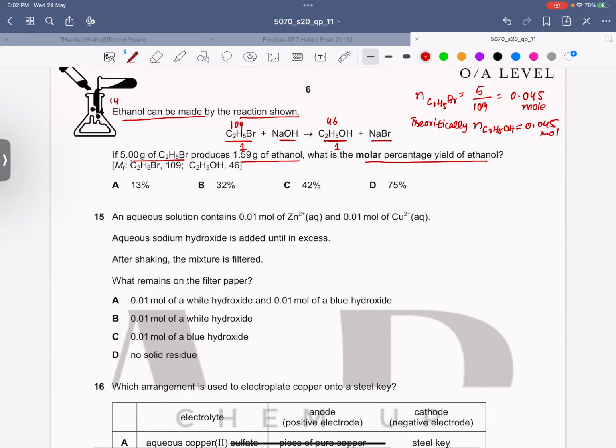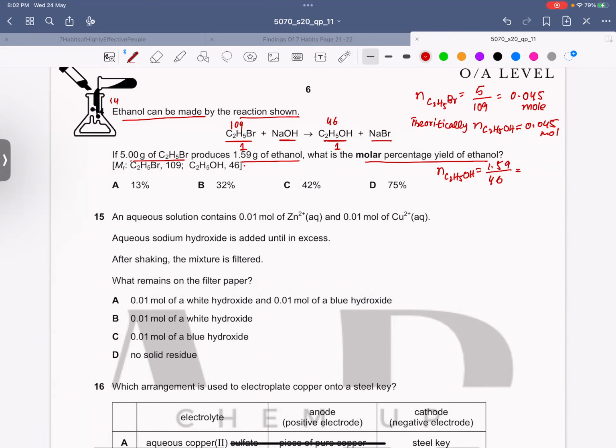But practically we have the mass of ethanol produced during the reaction, which is 1.59. If I convert it into moles, it would be 1.59 over 46. That is the Mr, right?